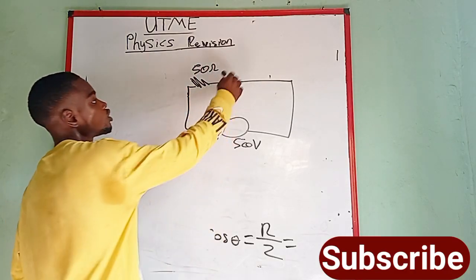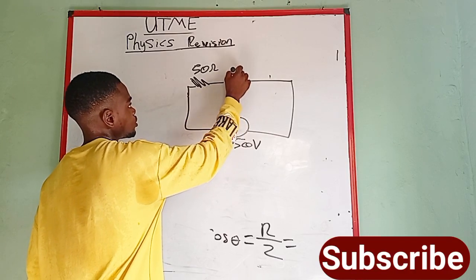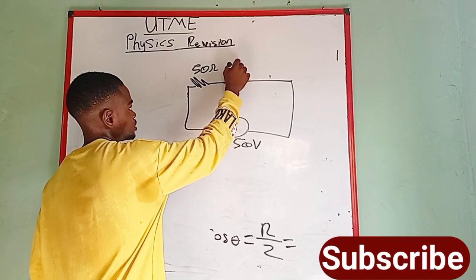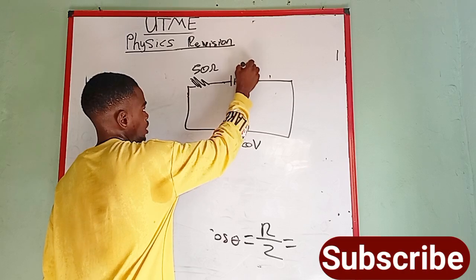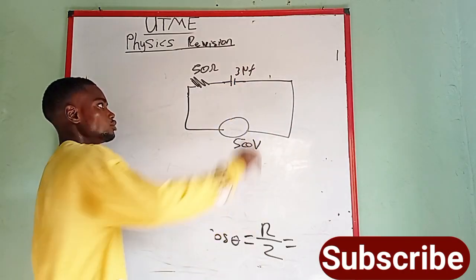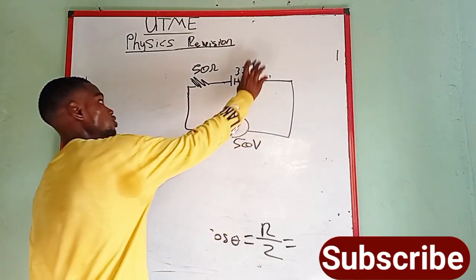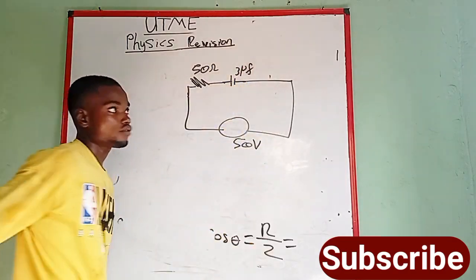Now there is also a capacitor. Let's make this capacitor 3 microfarad. In JAMB they will not make it easy, so let's just put the microfarad here.